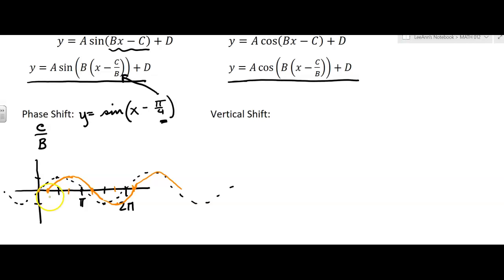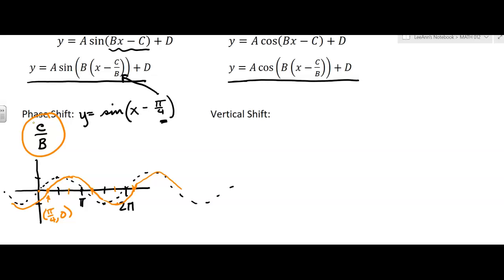My curve is starting, well, it's not really starting, but my first point that I drew was at pi over 4, 0. But see, it also goes back this way, right? So the curve continues in both directions, but the curve is shifting. It's called the phase shift. In this case, it's shifting to the right, pi over 4. Okay? To find the phase shift, you take C and divide it by B.